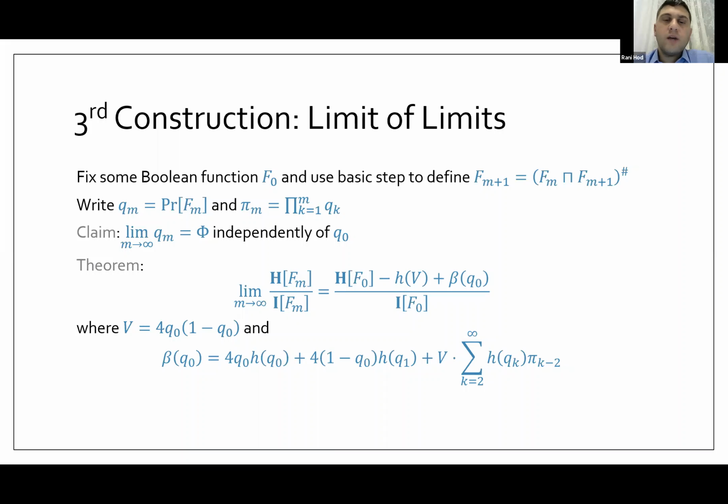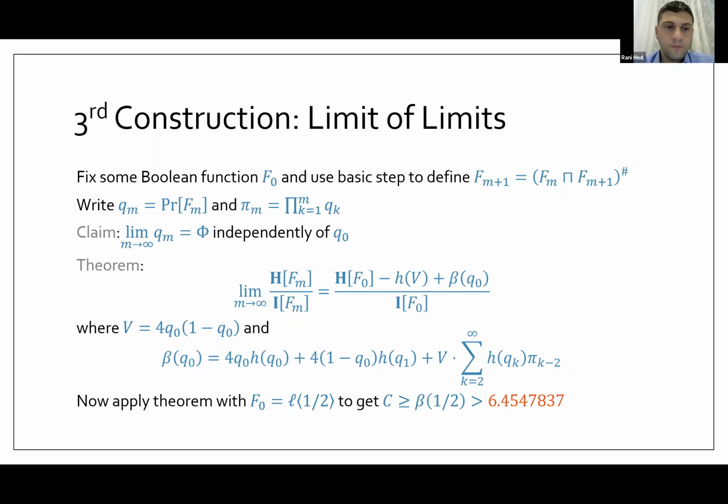And maybe we could make it that much easier if we start with the case of q0 equals 1/2. Then simply the bound that we get is beta of 1/2. When we compute it, this gives us our 6.45 that I promised before. Okay, so that's a nice bound.